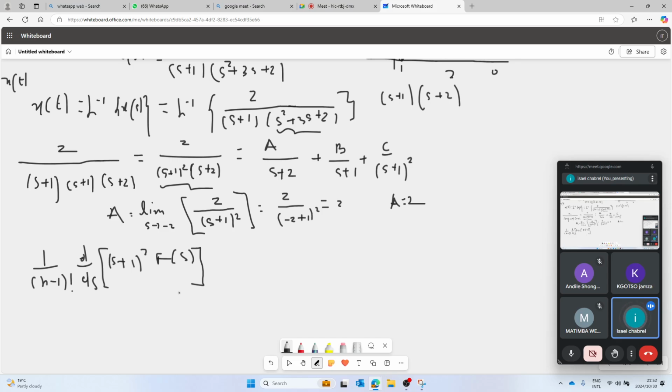Is it s plus 1? Yes, my brother. Don't we use this formula when we get an error somewhere? No, it's not about an error somewhere.